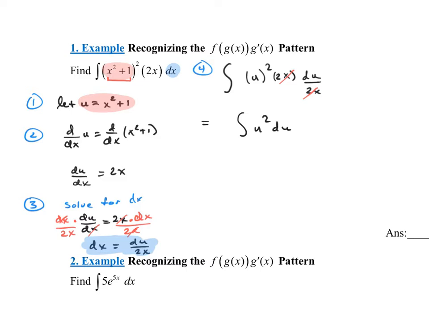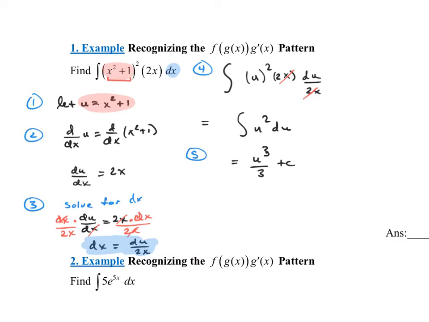And that's what should always happen if you do your u substitutions properly: you end up with an integral with only u's in it, and you're taking the integral with respect to u. We're going to integrate this using the power rule, so that's step 5, integrate using the power rule. The integral of u squared is u cubed over 3, or 1/3 u cubed. And then of course it's plus c.